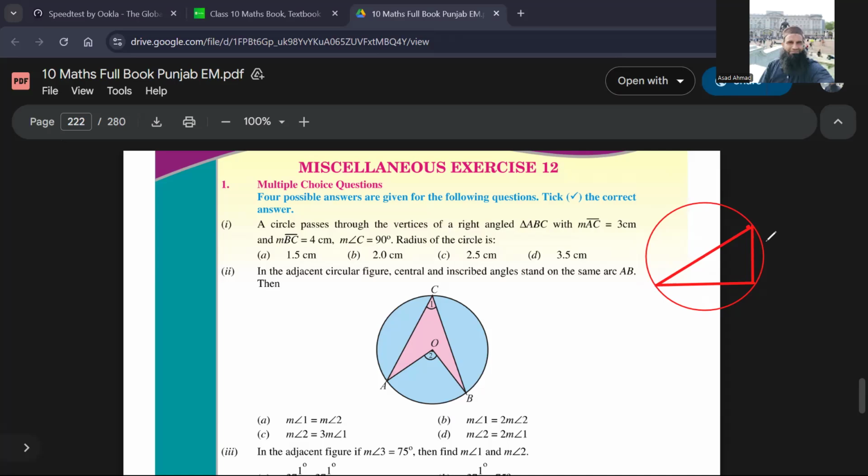Let's suppose A to C is 3 centimeter, and B to C is provided as 4 centimeter.